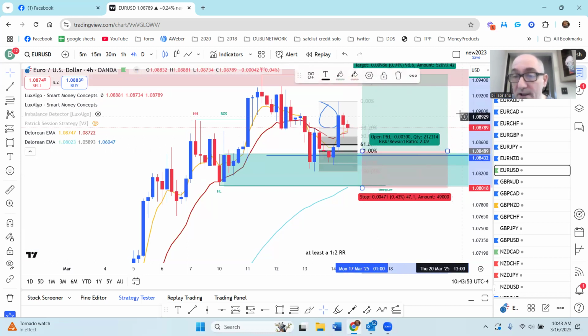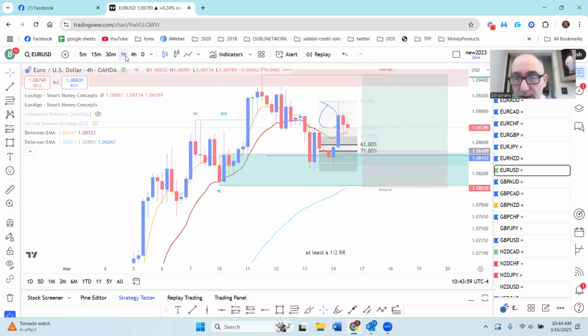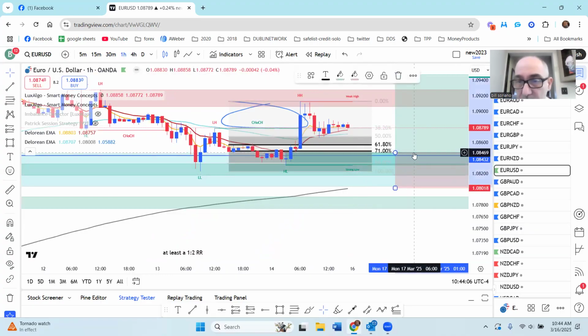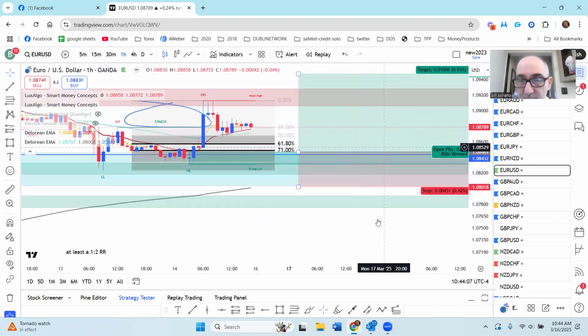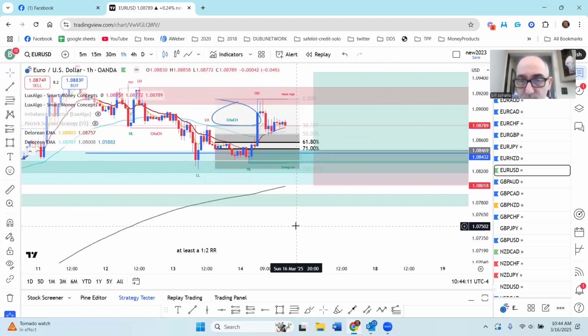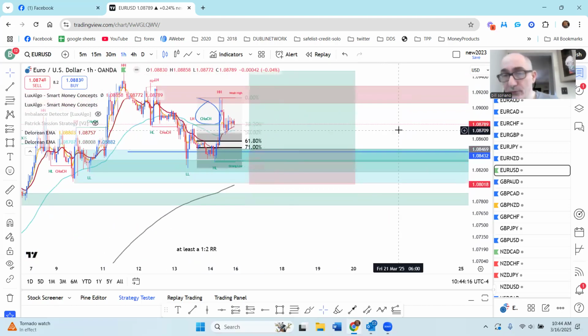Now, if the 71 didn't give you enough, then you would have to go down to where the order block is on the 1 hour time frame, and that would be just below here. That would give you a 1 to 2.23.